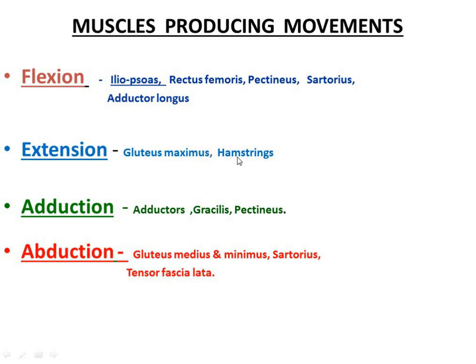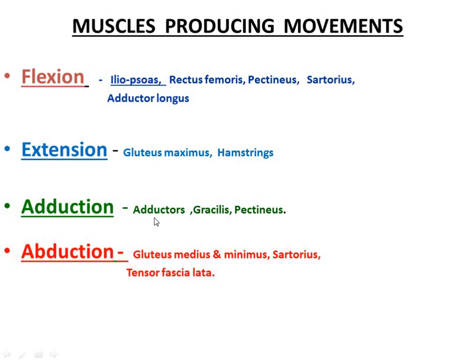Extension is by the gluteus maximus, which is the strongest extensor of the hip joint, and the hamstring group of muscles, that is muscles present in the posterior aspect of the thigh, that is semitendinosus, semimembranosus, biceps femoris, and the hamstring head of adductor magnus.